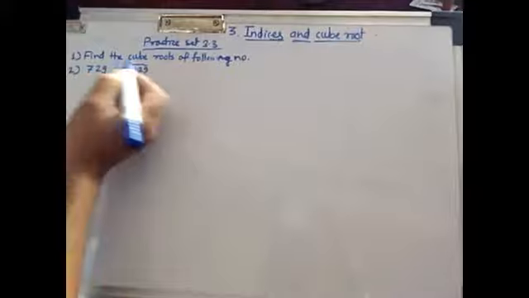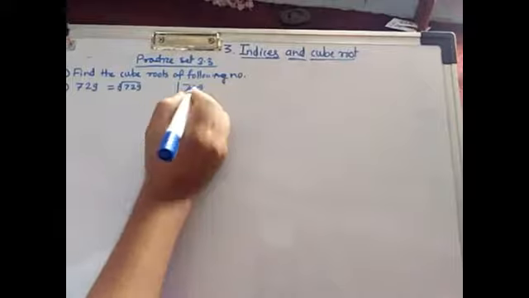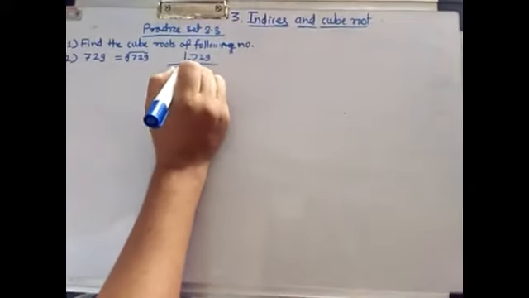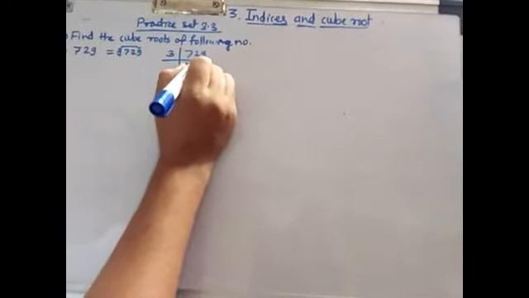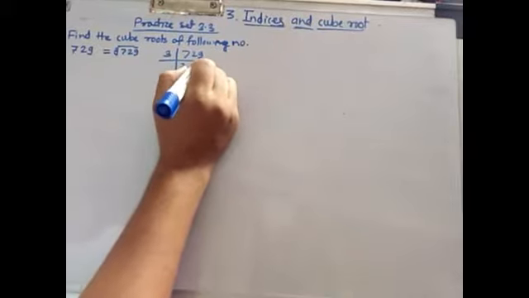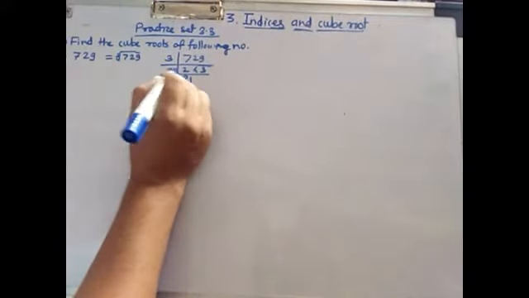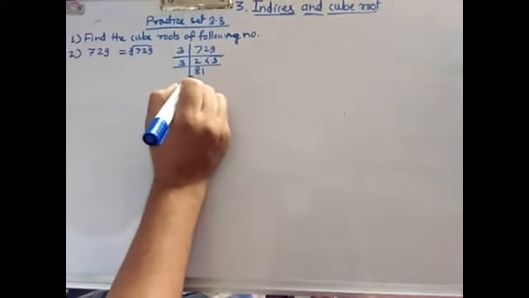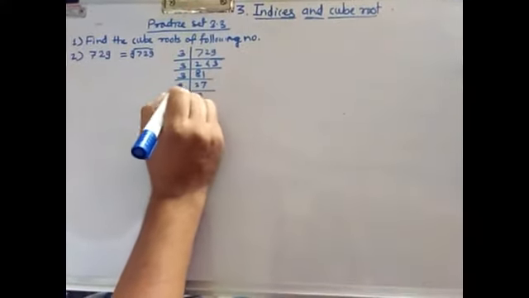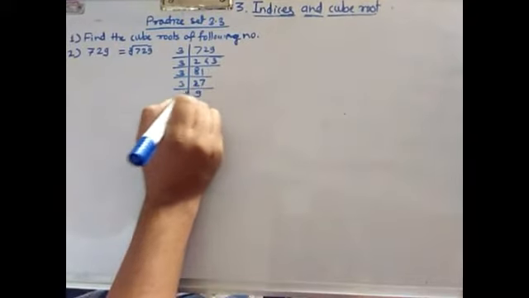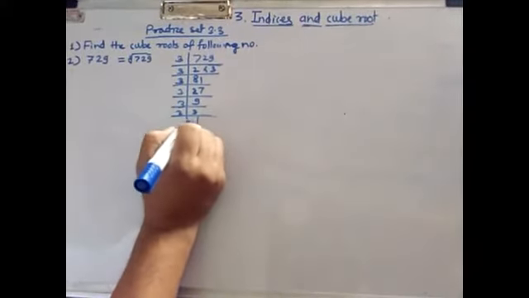Now this 729 is an odd number, so we divide 729 by 3. 2 threes are 6, 4 threes are 12, 3 threes are 9, then 243, 81, 27, 9 threes are 27, 3 threes are 9, and 3 ones are 3.